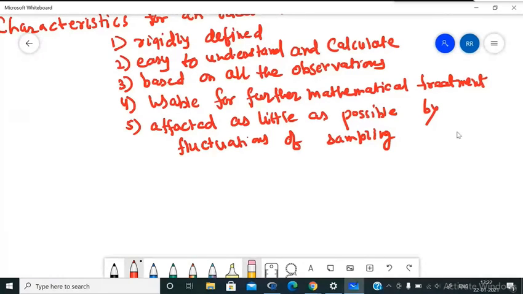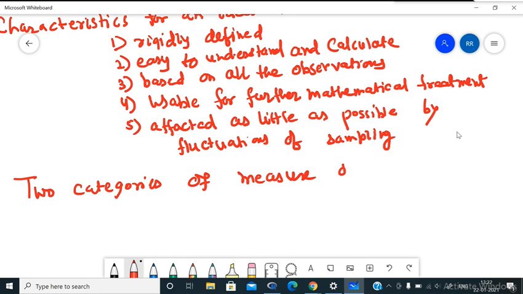There are two types of measures of dispersion.